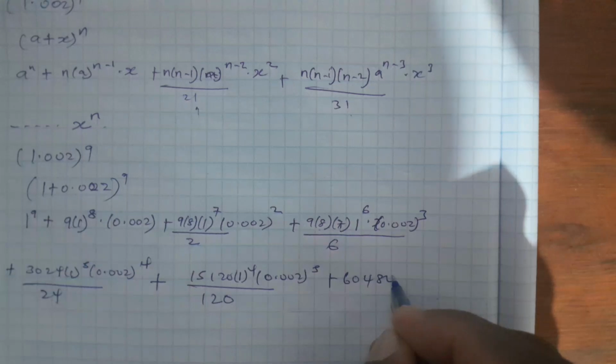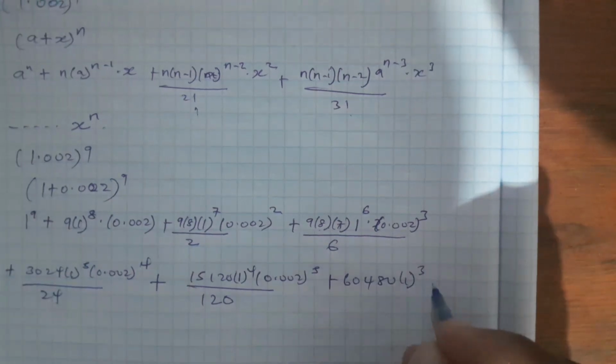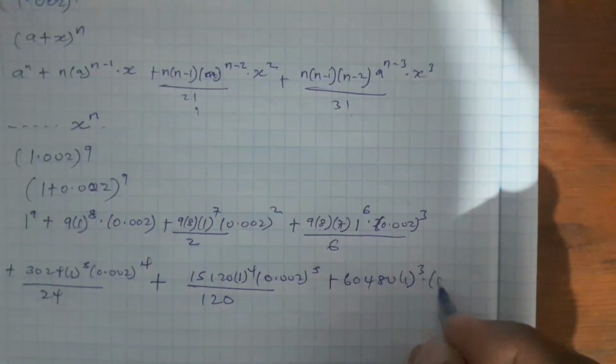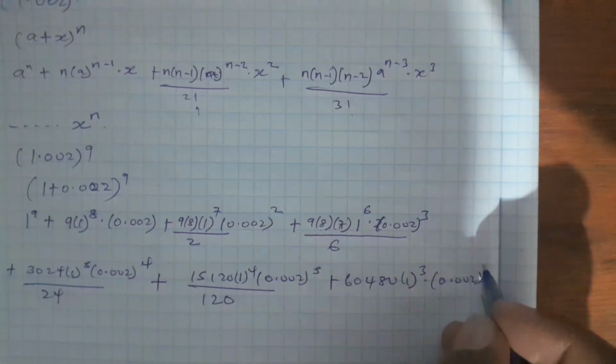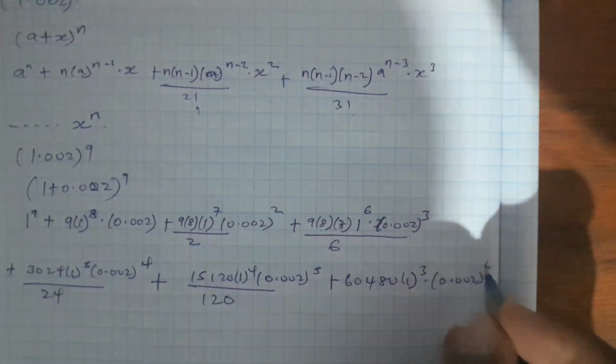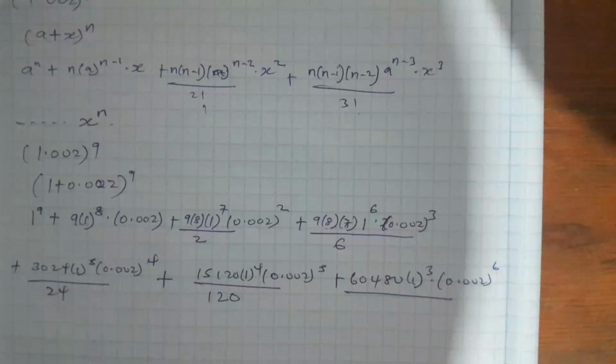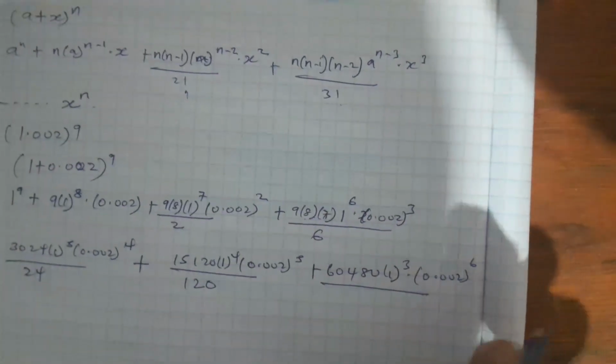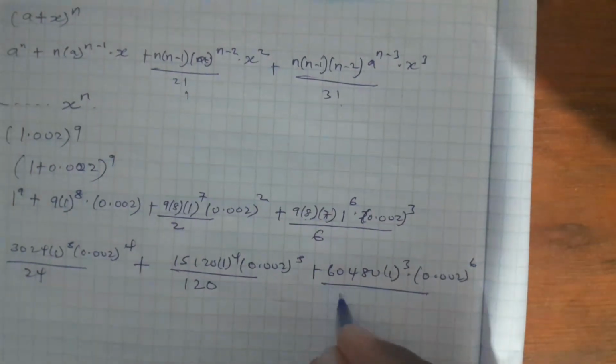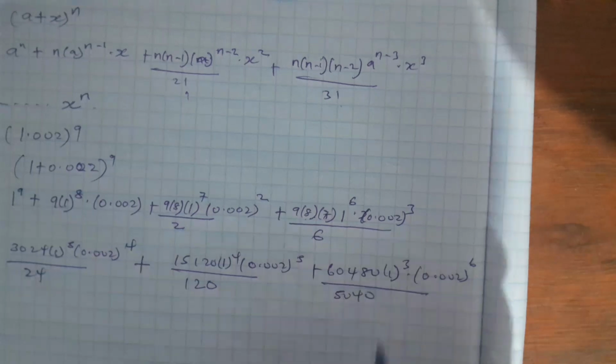60,480 times 1 raised to power 3, times 0.002 raised to power 6, divided by 6 factorial, which is 720.